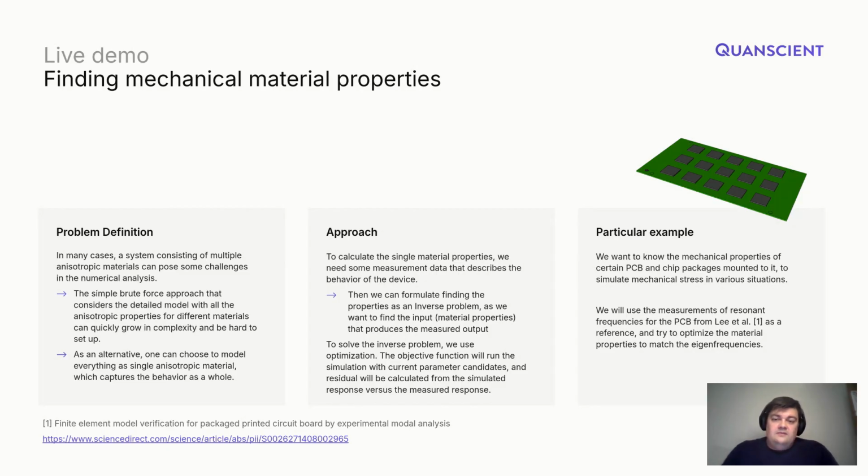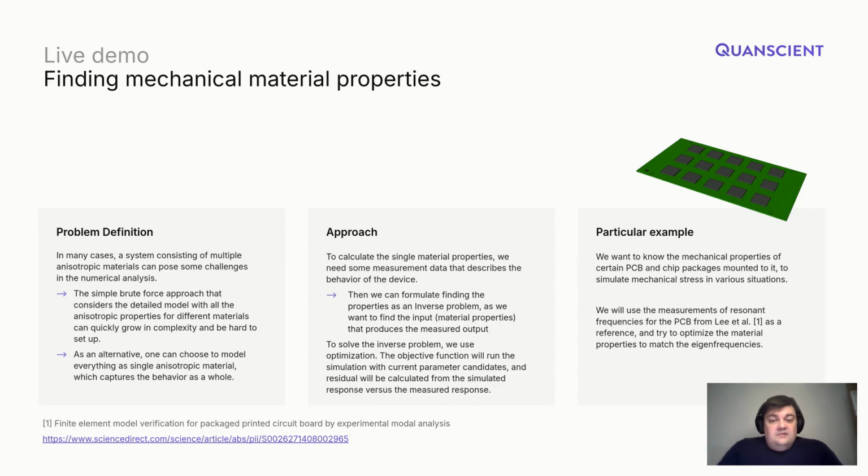The approach is such that we have a measurement. We have done some measurements on the device to get some idea of the behavior. And then we can formulate an inverse problem where we vary the inputs and try to find such inputs that they match the measured outputs.